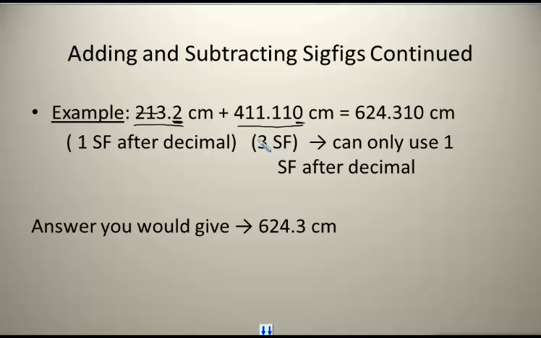A lot of times we talk about how the final measurement or calculation can only be as good as the worst measurement originally. So here's one number past, here's three numbers past. So my final answer can only go one number past. Even though my calculator gave me more numbers, my answer to the correct number of significant figures is only one number past the decimal.